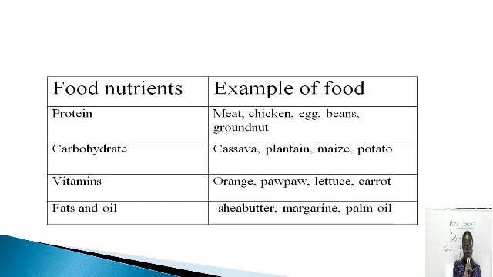Let's go to the animal protein. The animal proteins are examples of protein foods that can be found in animal foods. Example, we have meat, we have chicken, we have egg, and a lot of animal foods that protein can be found in.